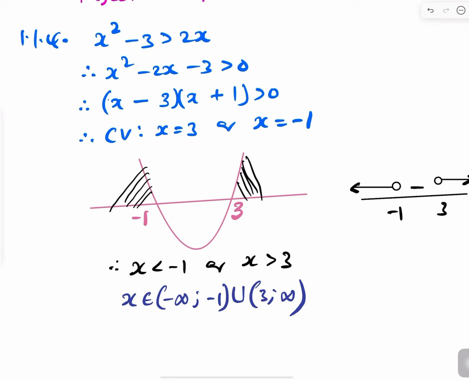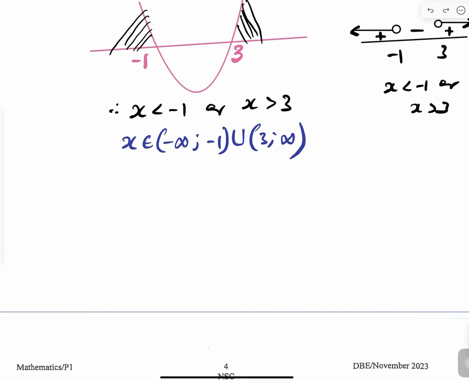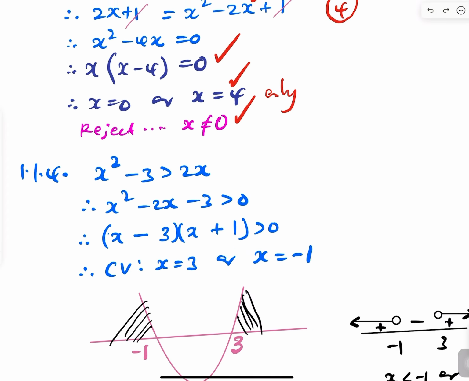So here it's plus, then minus, and then a plus there. But don't forget to also tell them that x is less than -1 or x is bigger than 3, if you are using that method, or you can use interval notation against the inequalities. So that's how you're going to solve this one.